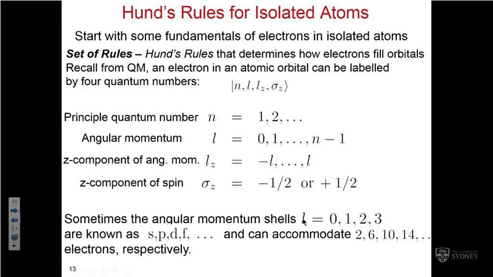And remember, as we saw before, the s shell can hold 2 electrons, and the p shell can hold 6. Remember, it's got the 3 lobes, but it can accommodate 2 electrons each, spin up and spin down. The d has 5 of those lobes. Each of those lobes can have a spin up and spin down, so it can hold 10 electrons, and so on.